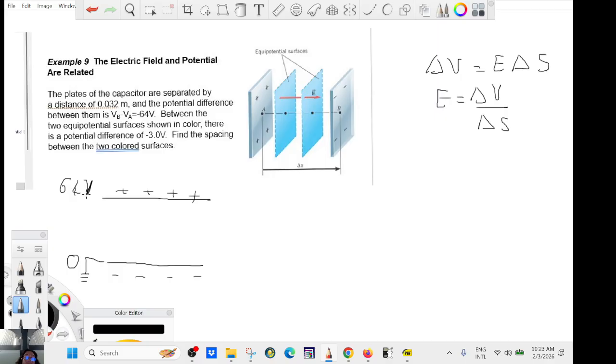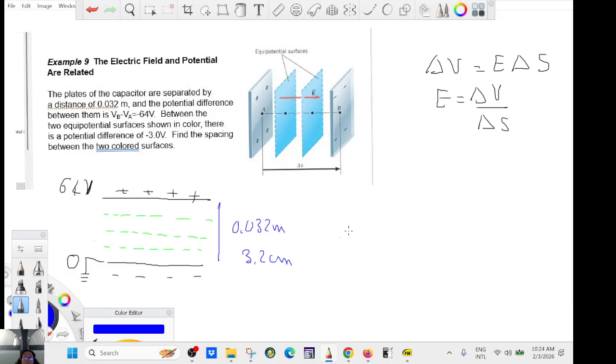You go from 64 volt to 0, and you're going to go down at a constant rate. So just apply this. The distance here is 0.032 meters, so 3.2 centimeters.